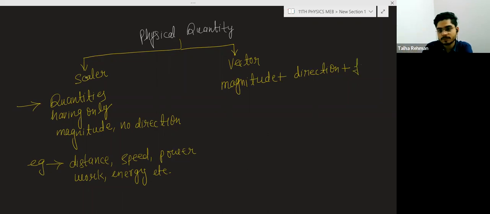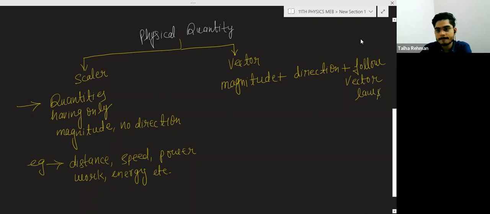Examples of vector quantities are force.